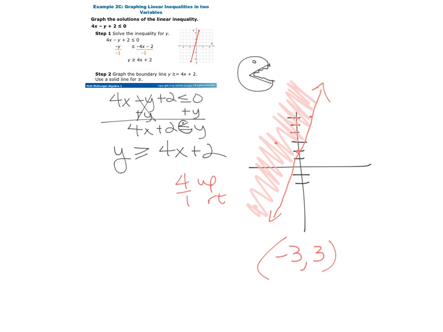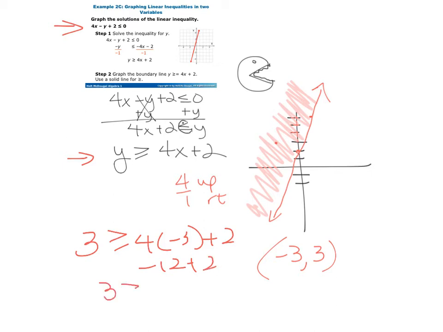Now, I can either plug it into the one I rearranged or go back to the beginning. It doesn't really matter. So if I do it into the one I rearranged, is 3 greater than 4 times -3 plus 2? And it is, because 3 is greater than -10. So because it's true, I colored in the right side.